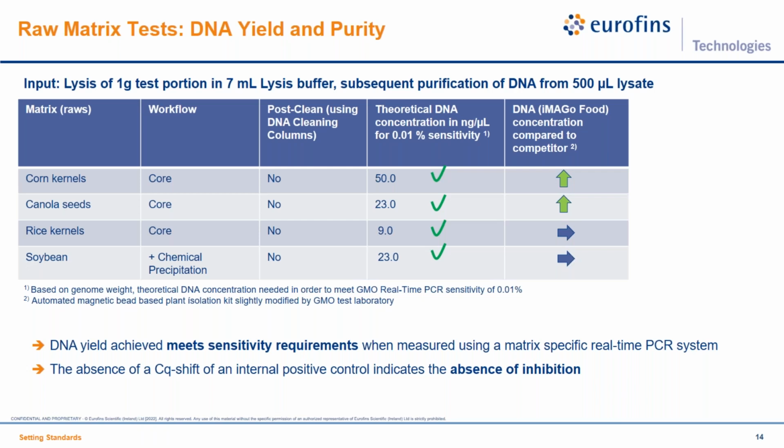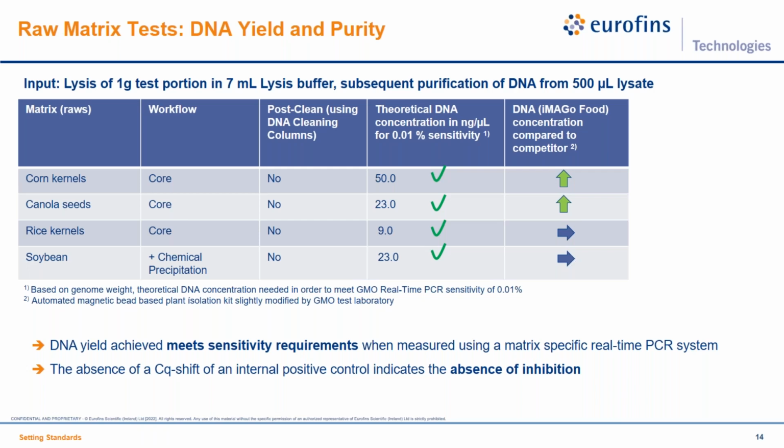And when comparing to a workflow that is already in place in a routine laboratory using a similar system based on magnetic beads, also on an automated platform, we could even exceed the concentration, or at least meet the performance of the competitor kit.